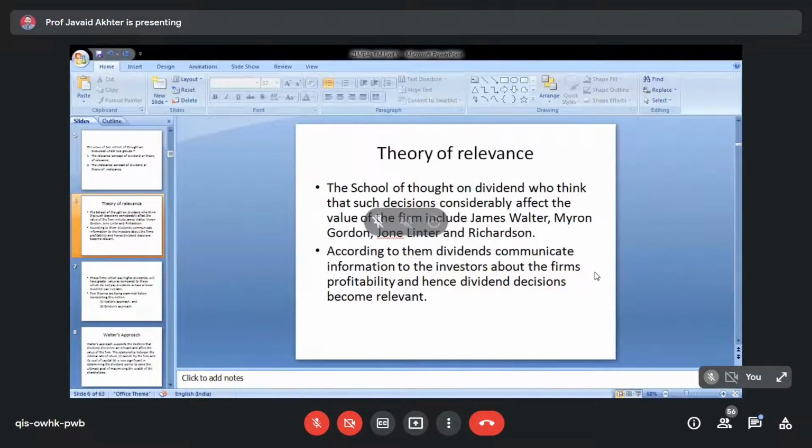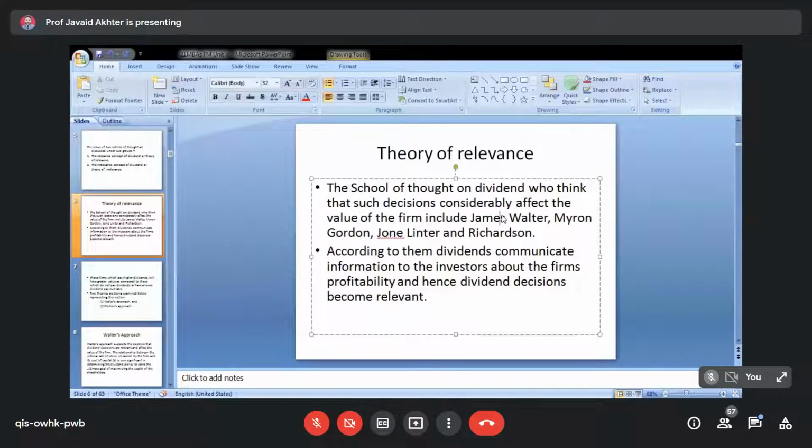The people who are included in this category, importantly, are James Walter, popularly known as Walter's model, Gordon's model, Jones model, Richardson model. So these are all the people who have numerically proved that dividend decisions do matter.